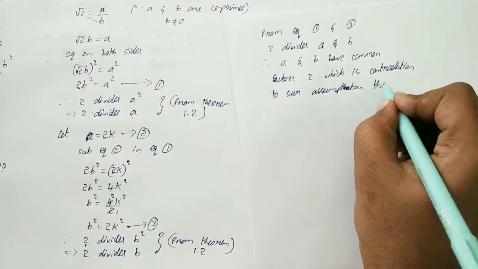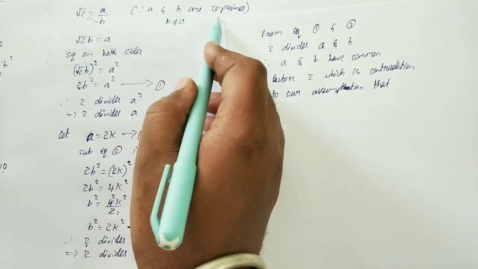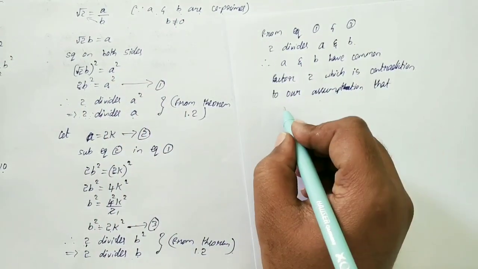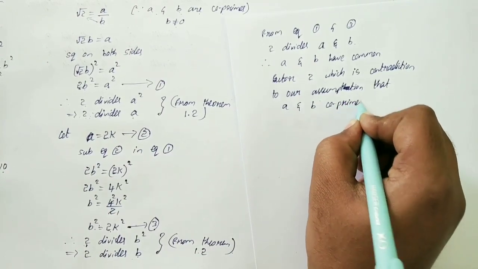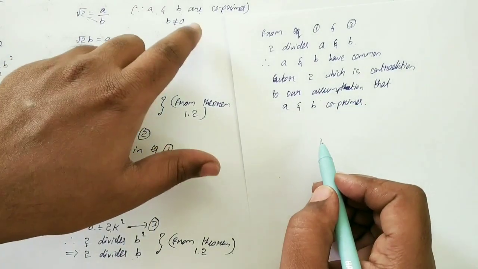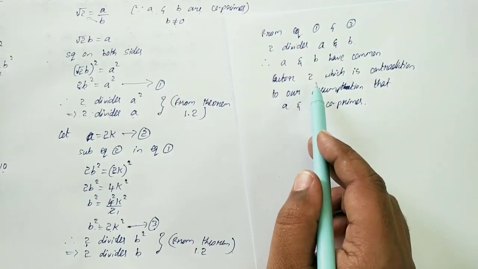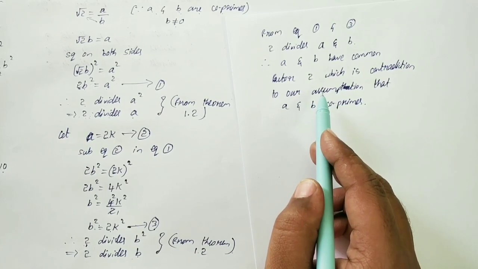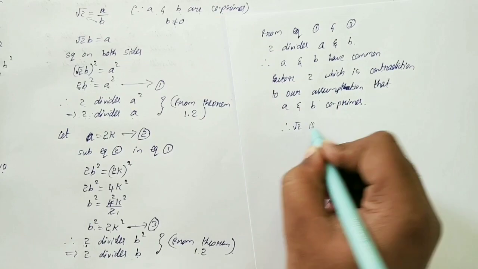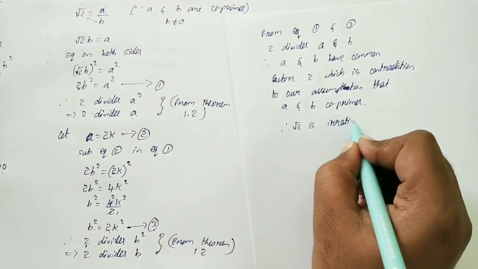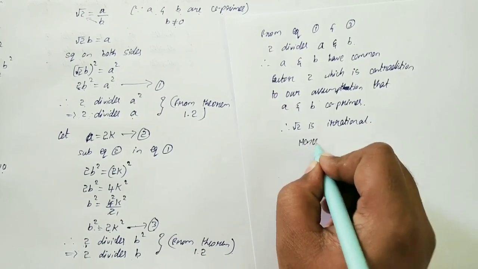What is our assumption we have taken? Both a and b are co-primes. So what is co-prime? Co-prime means the common factor should be 1, but we have the common factor 2. So that means what we have considered, root 2 is rational, that is wrong. Therefore root 2 is irrational. Hence proved.